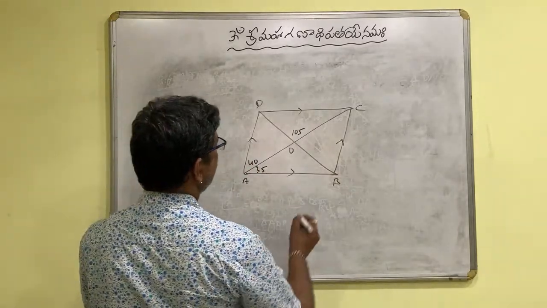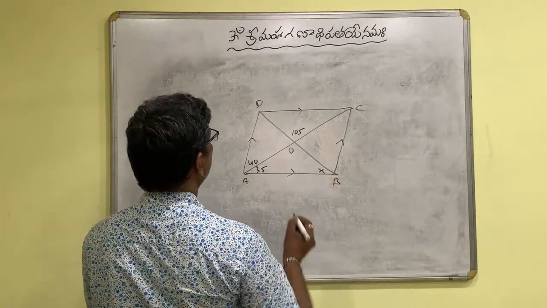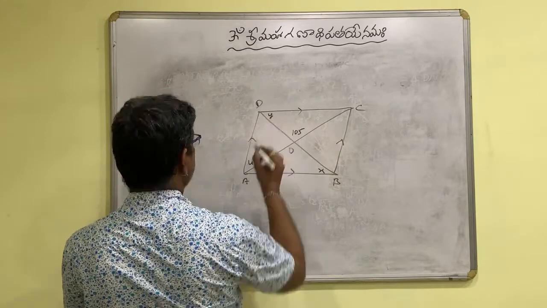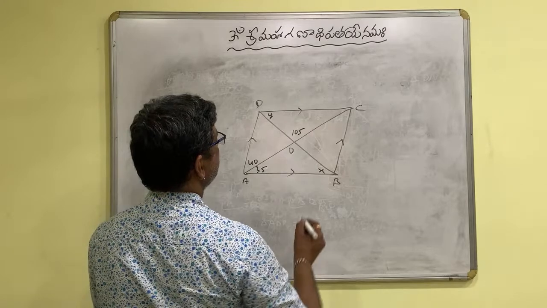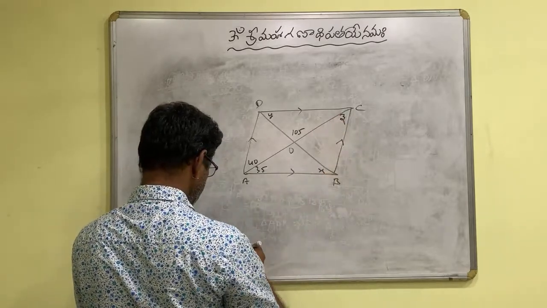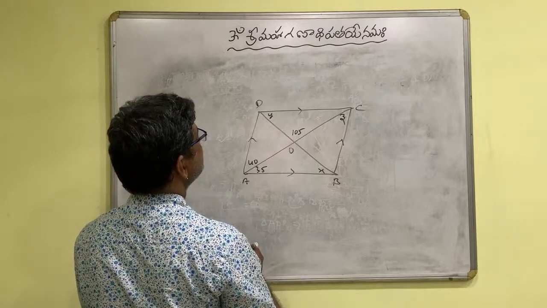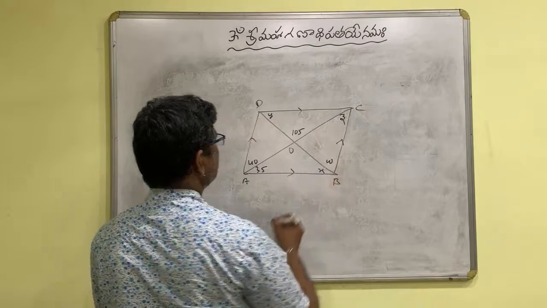ABO, this angle, ODC, this angle, ACB, this angle, and CBD, this angle.